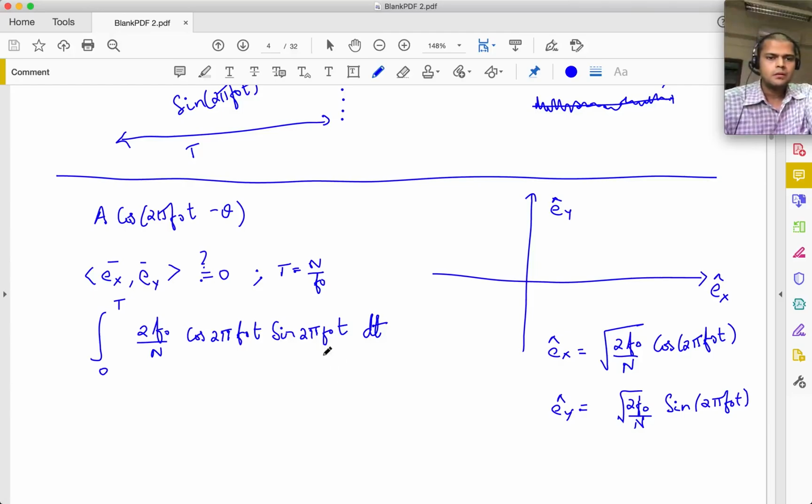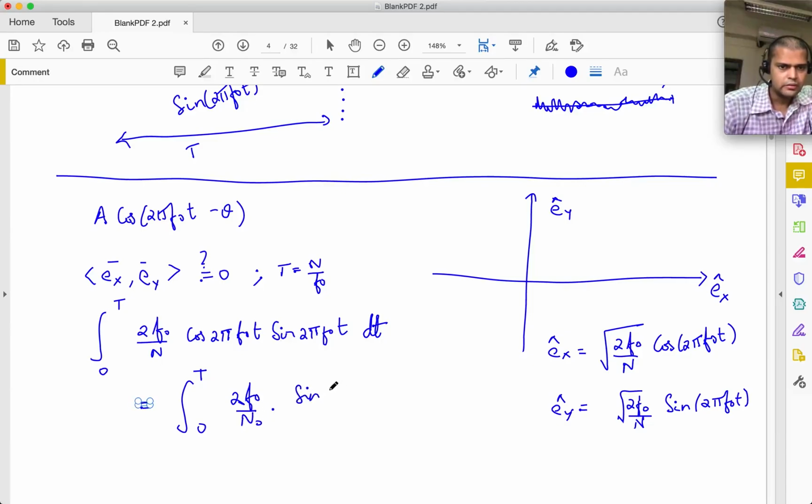What is this going to be? It's your trigonometric formula: sine theta cos theta can be written in terms of sine 2 theta. And so we get the integral of sine 4 pi f0 t by 2, dt.